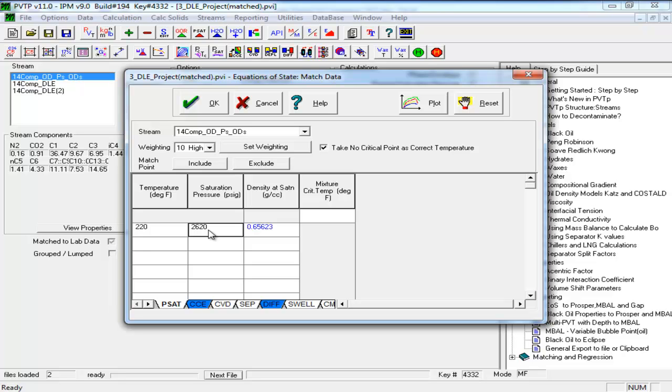And to do matching we always need measured data and the equation of state.